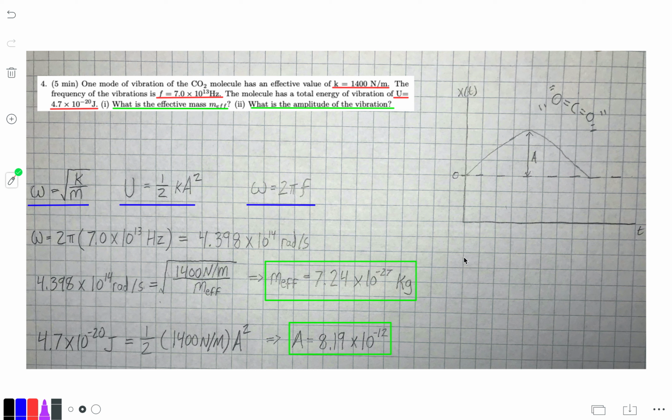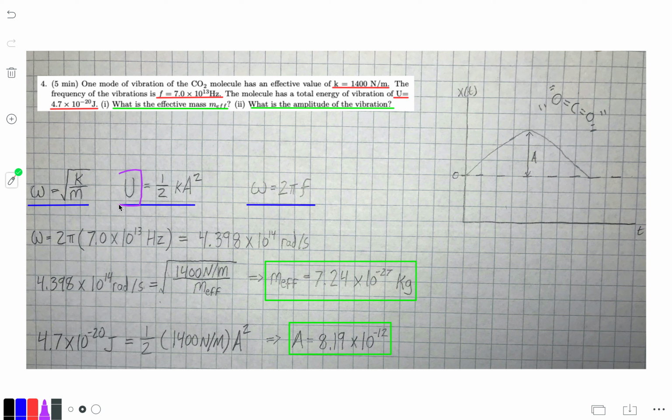Then, moving on, we can use our equation for the total energy of vibration, which is usually E, and E can be equivalent to the potential energy or the kinetic energy, the total of both.